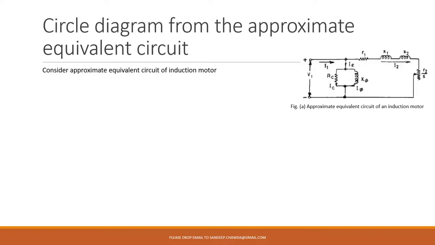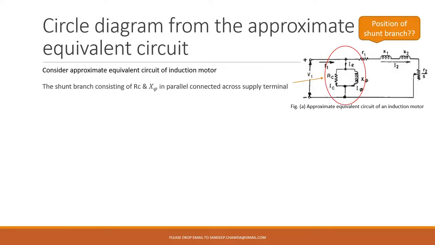Then let us determine the circle diagram from the approximate equivalent circuit. So we have this approximate equivalent circuit. What we have noticed here is that the shunt branch element is placed before the leakage resistance and leakage reactance.